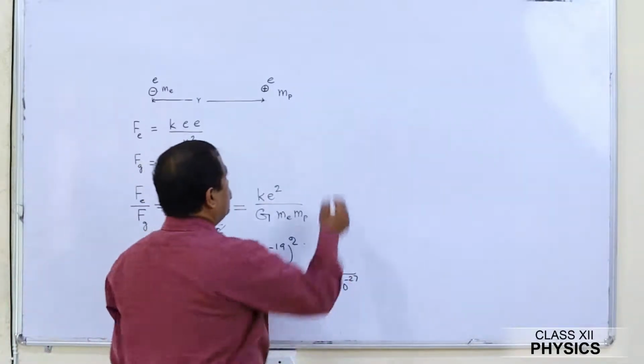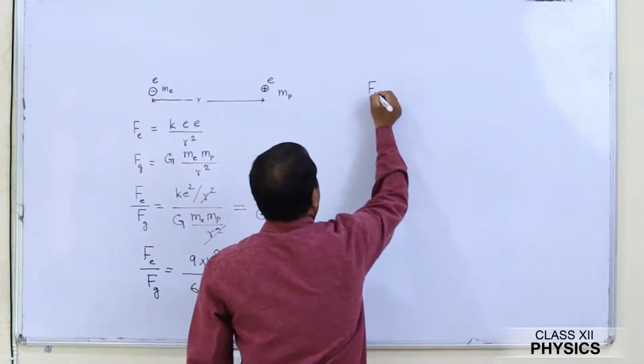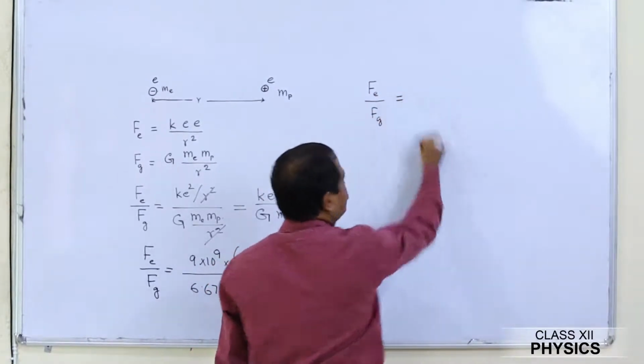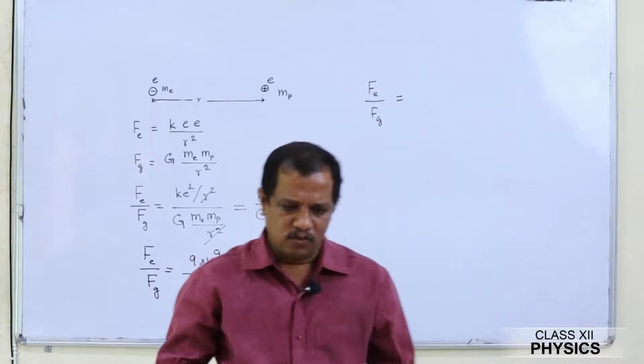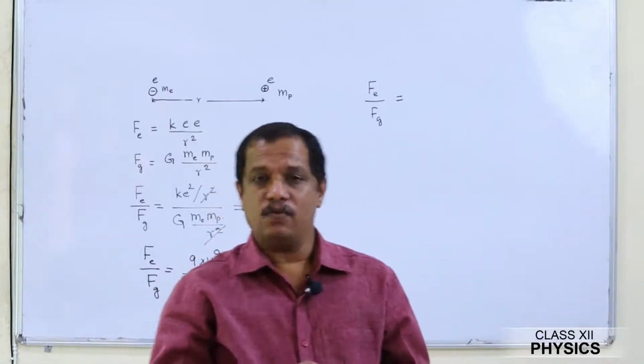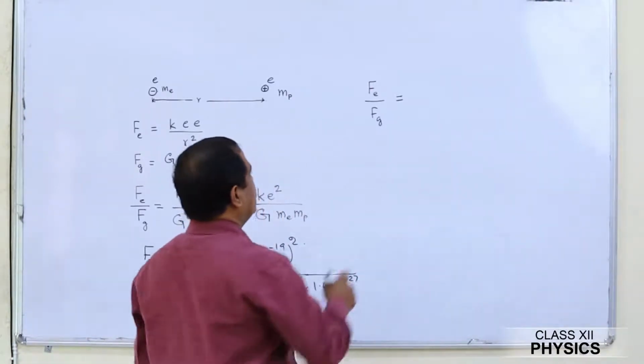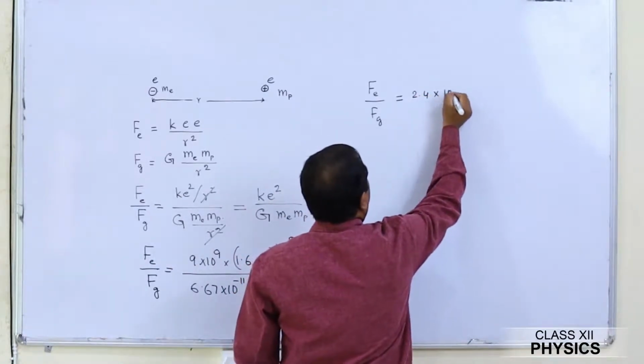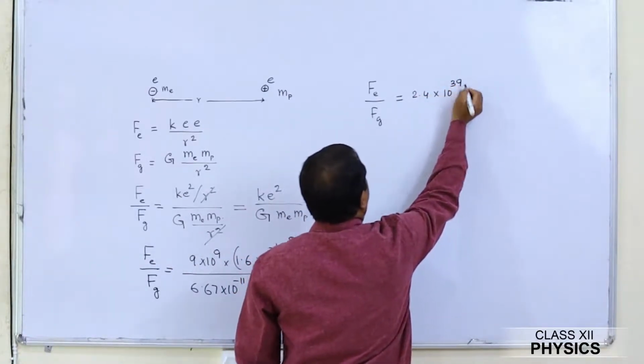If we work out this problem, we get Fe by Fg equal to 2.4 into 10 power 39.